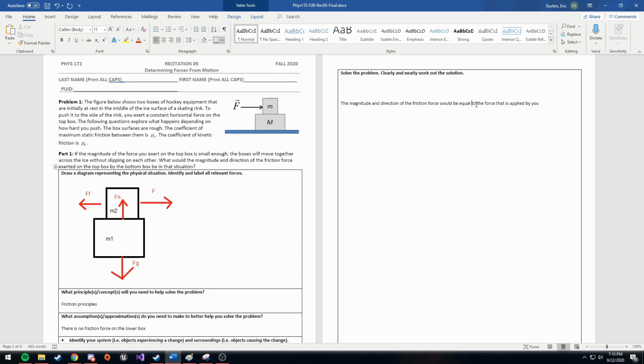Technically, the friction is still going opposite of your force. So you know what I mean? If the only force being applied on the bottom box is the friction force, then how could it be that the friction is moving against your force and still pushing the bottom box forward?